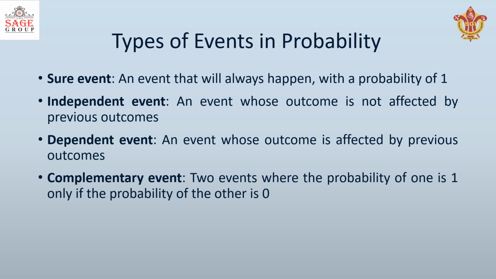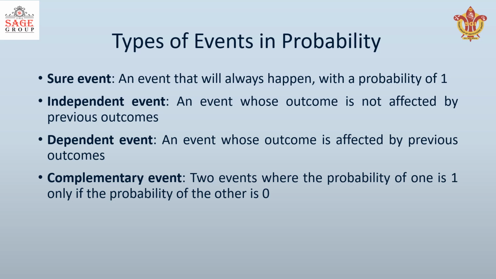This is 4 out of 52 because there are 4 kings in a pack, and when I talk about the favorable outcomes, I am talking about how many times I can get the king. That is, any one of these 4 kings, out of 52 cards. So the coming of a king has a probability of 4 by 52, right?